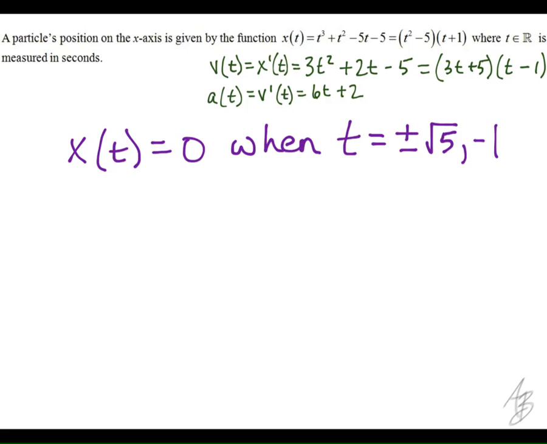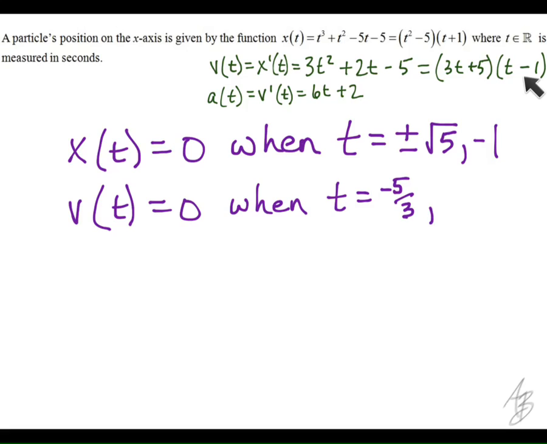We'll get the velocity equal to 0 when we set each of these factors equal to 0. So if we set 3t plus 5 equal to 0, we get velocity equals 0 when t equals negative 5/3.